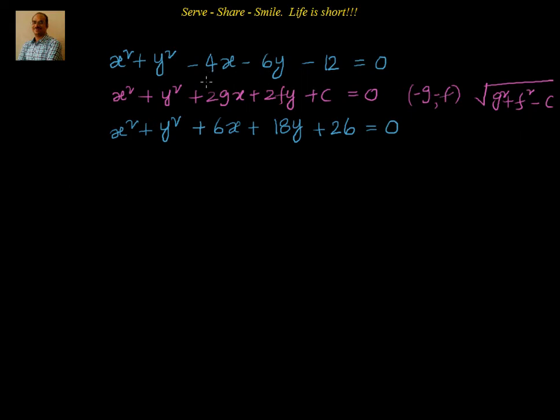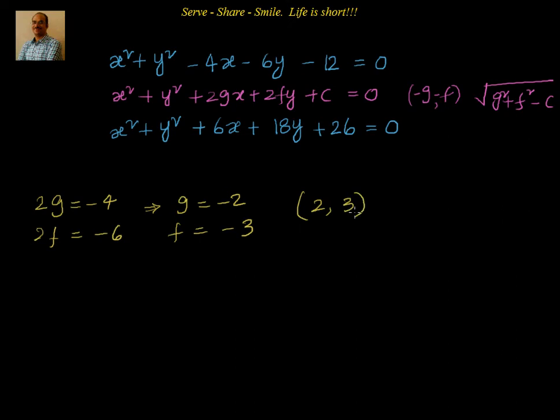If I look at the first one, the center is (minus g, minus f). 2g is equal to minus 4, 2f equal to minus 6, that means g equal to minus 2 and f equal to minus 3. So the center is at (2, 3), let us say (g1, f1).